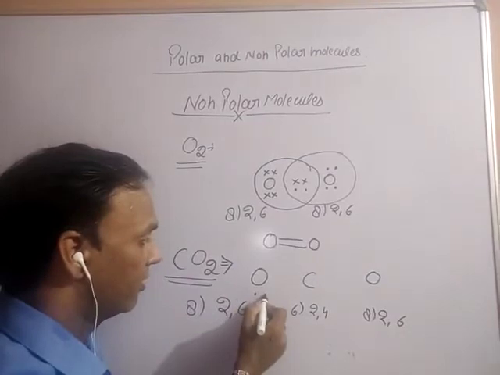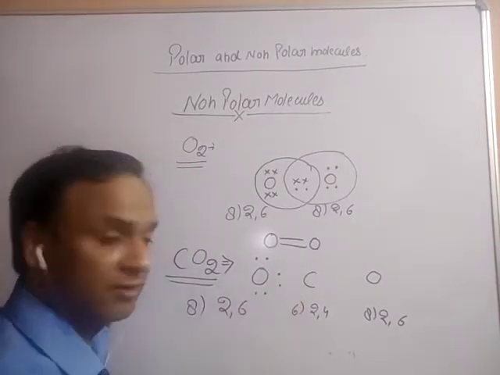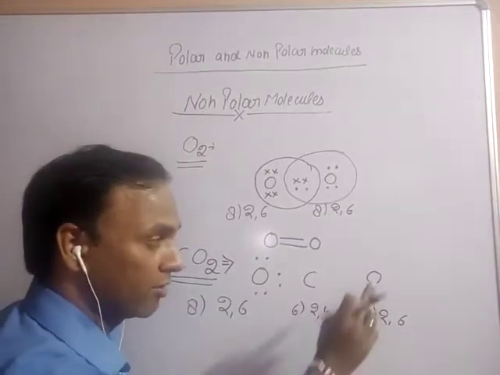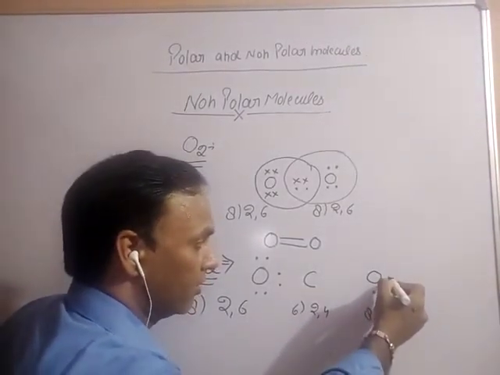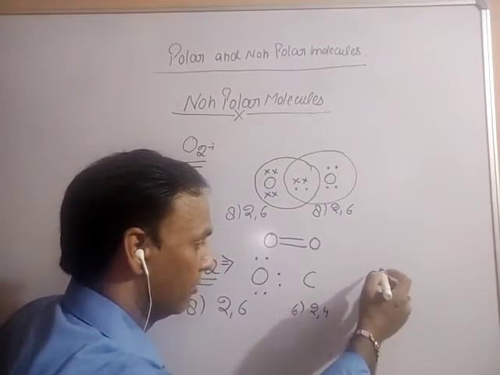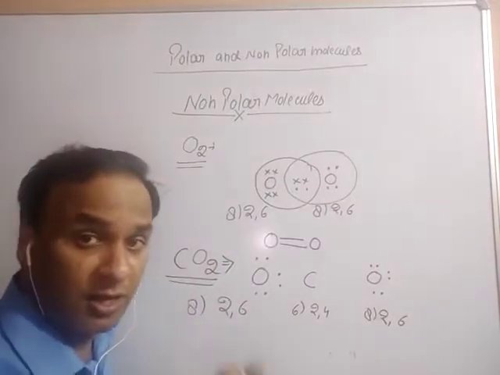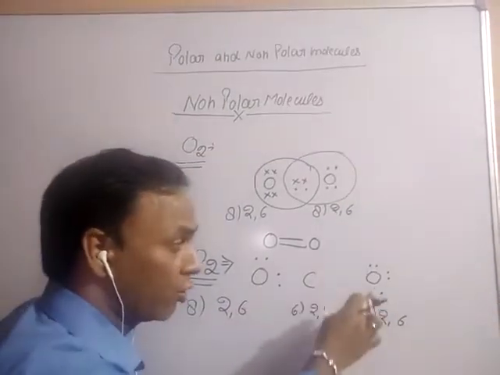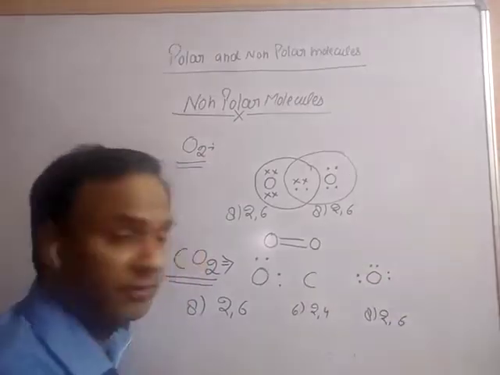Meaning 1, 2, 3, 4, 5 and 6. In the same manner, this oxygen also shares 2 electrons. 1, 2, 3, 4, 5 and 6. Clear? This means 6 electrons but 2 are shared like this.